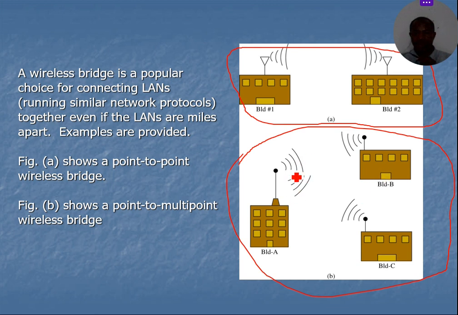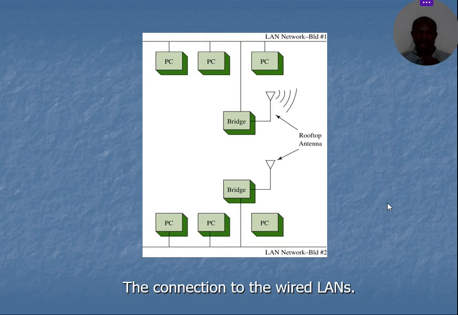The data packet will be sent from building A to building B and building C, either concurrently or simultaneously as the case may be. This is called a point-to-multipoint wireless bridge. Now let's move on quickly for the sake of time.